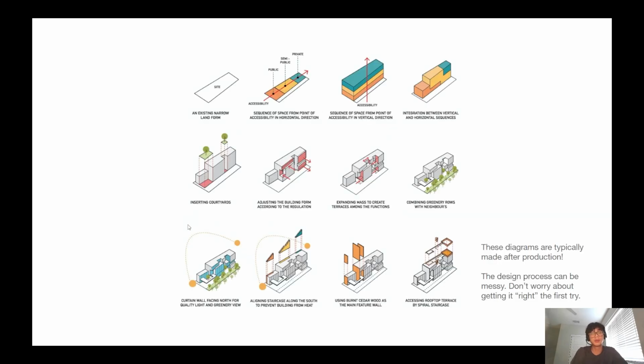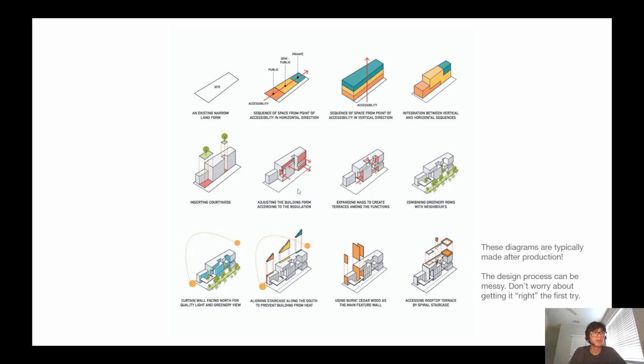This one is also a design storytelling graphic, and they show how they go from this existing narrow landform, how they sequence the spaces, and eventually the program, and all the little bits and pieces there. I have a little note here that says these diagrams are typically made after production.